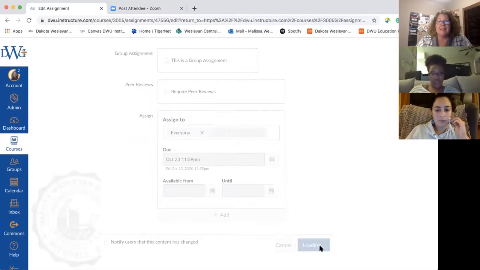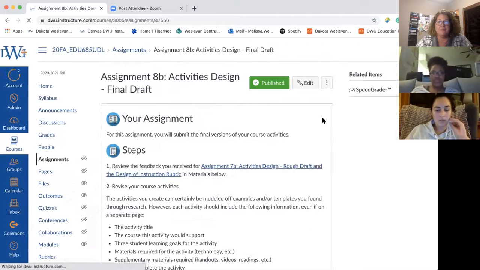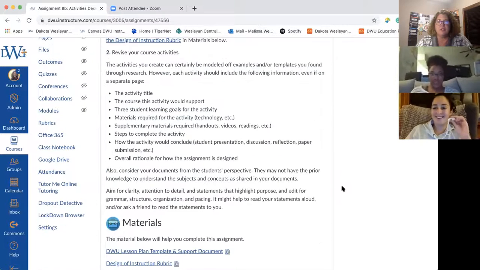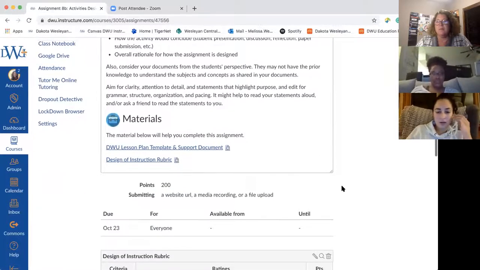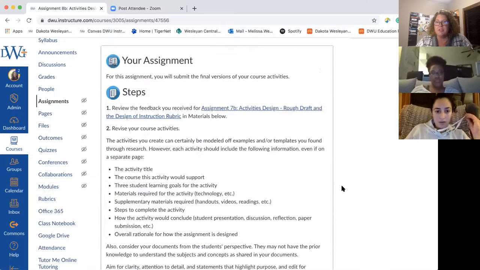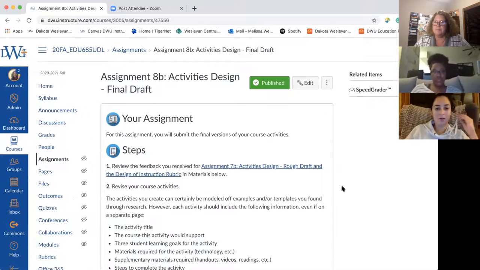Okay, now it can collect any of them. So if you want to turn it in via Word document, you can, PDF, website link, Canva, it'll accept them all. Cool. Awesome.